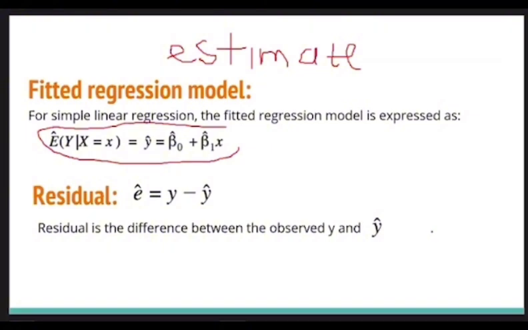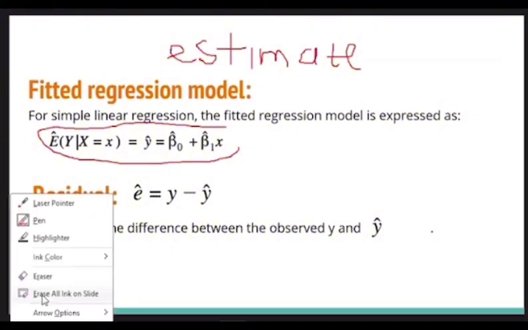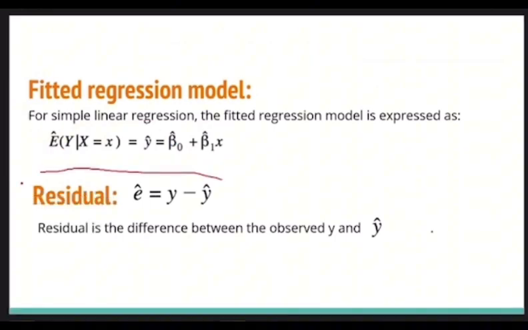In the actual sense, the residual and error may mean the same thing, except that we call it error when we're dealing with the population, we call it residual when we're dealing with a sample. Does that make sense?